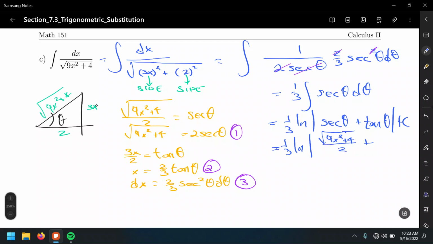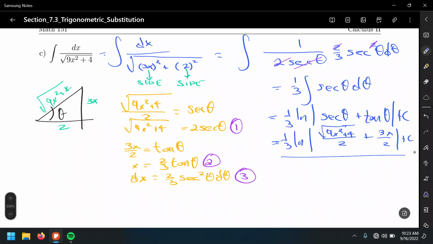And tangent, which is opposite over adjacent, plus c. Alright? Okay. So that's the final answer for this example.